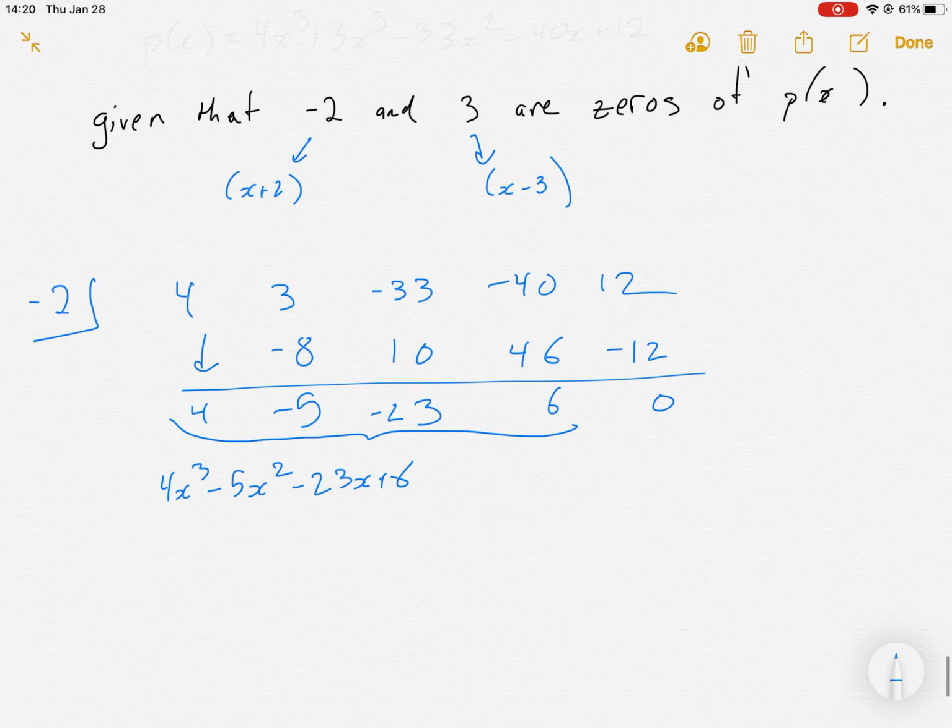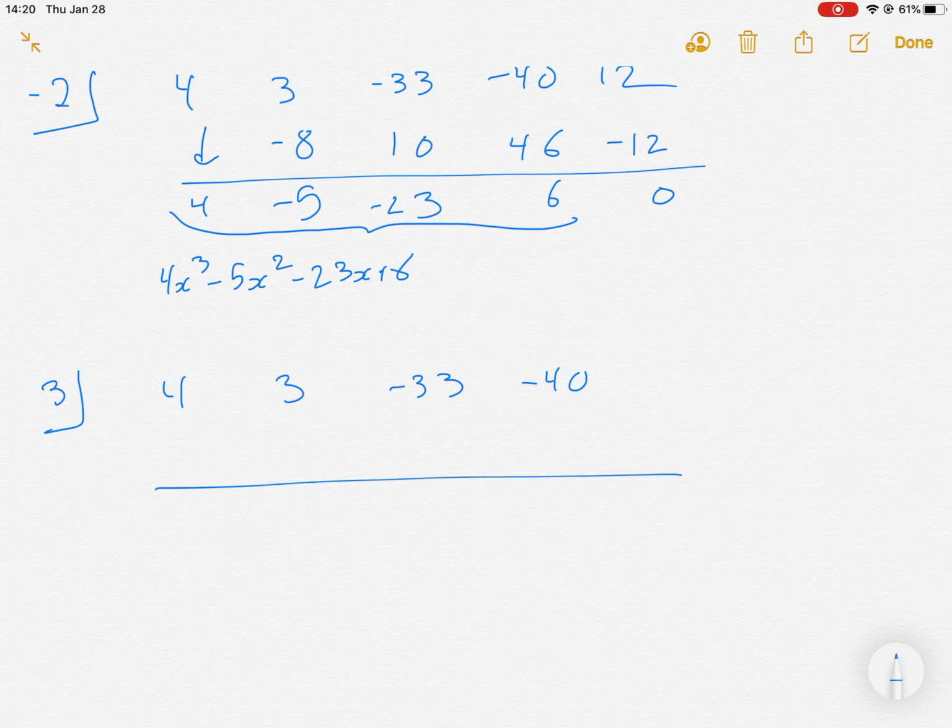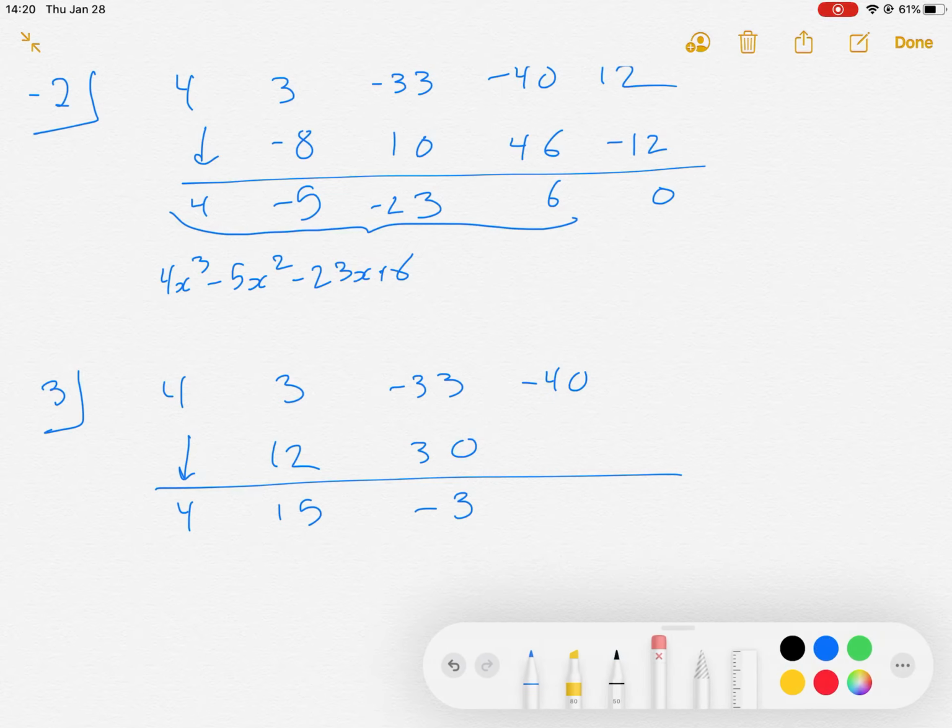And now what I have to do is divide by x minus 3 at this point. So let's go ahead and take 3. We're going to divide our new polynomial by x minus 3. Uh-oh. I messed something up.